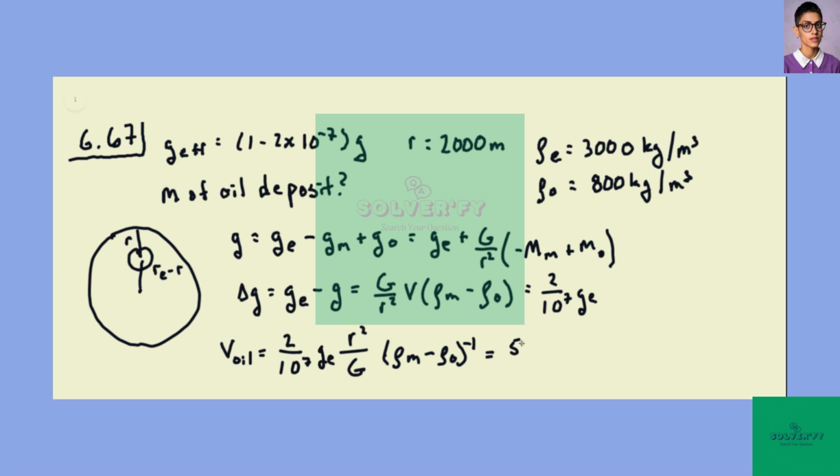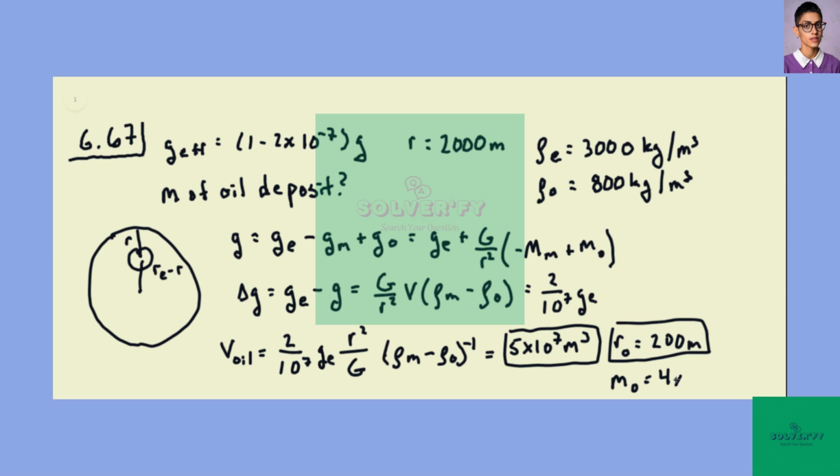And so this is 5 times 10 to the 7th cubic meters, which corresponds to a radius of the oil deposit of 200 meters. Just take the 4/3 pi r cubed and solve it for r. And the mass of the oil, just multiply this by its density, is 4 times 10 to the 10th kilograms.